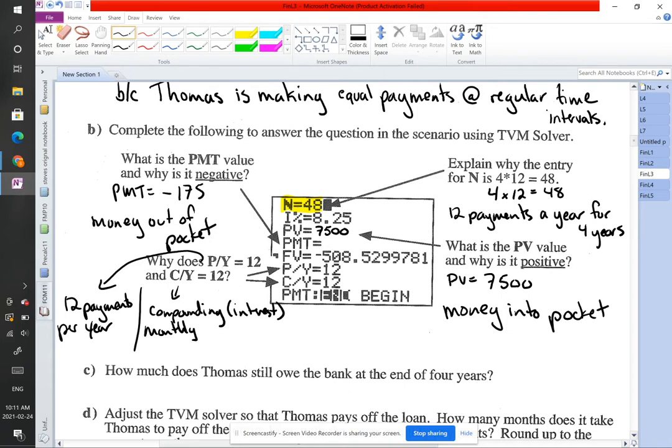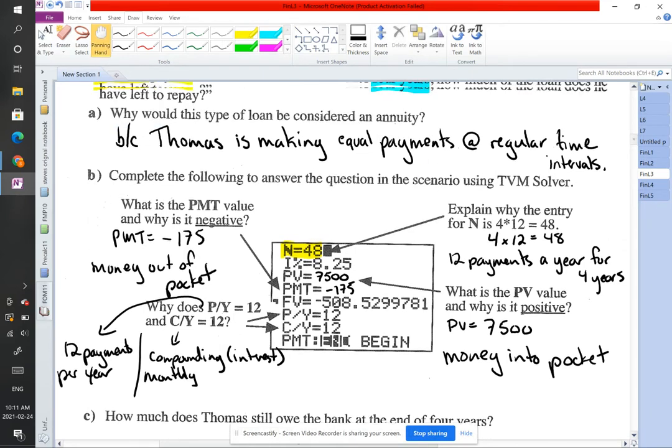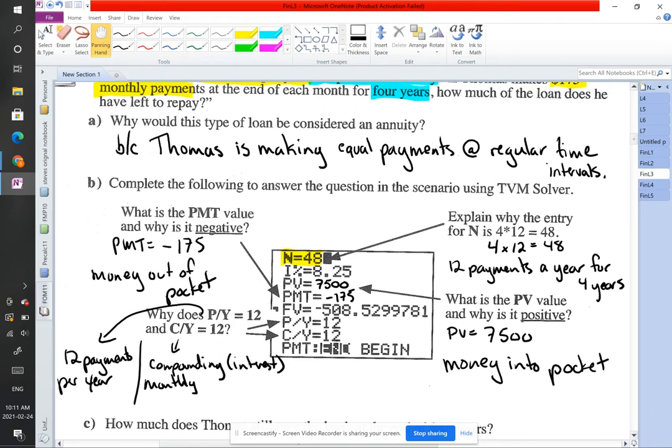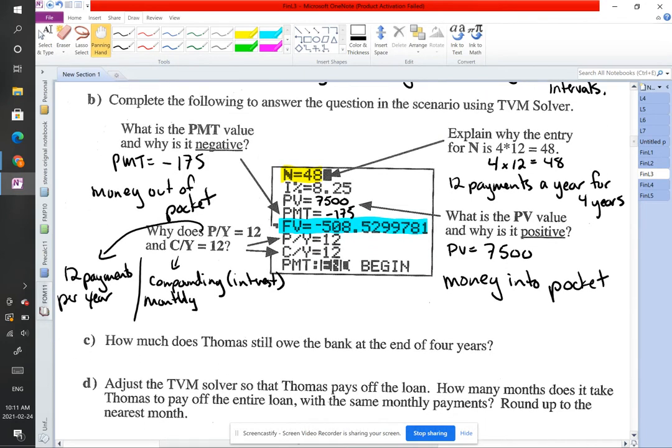So if we put that in, what we'd be solving for is our future value, because the question says, if we just go back up here, how much loan does he have left to repay? So just because he's making these payments doesn't mean he's going to have it all paid off in 4 years. So normally you would leave this future value blank on your regular TVM calculator, and you could click it, and it would pop up saying negative $508.